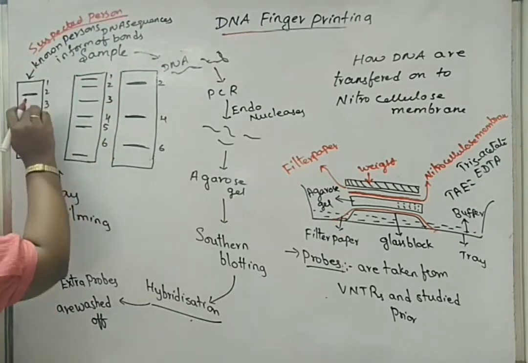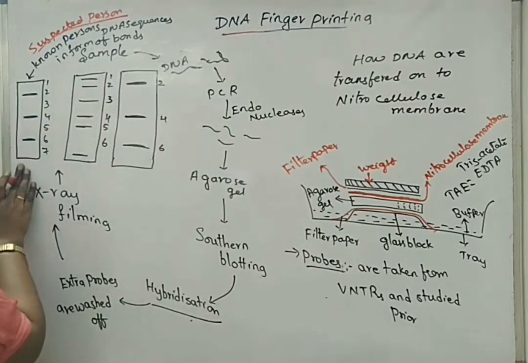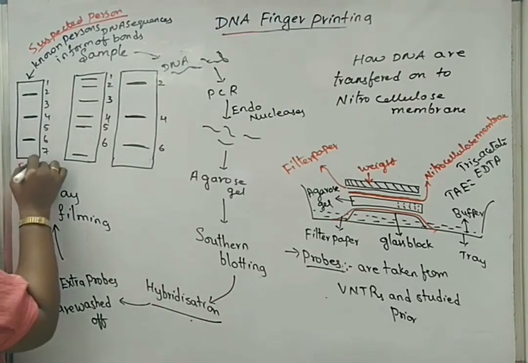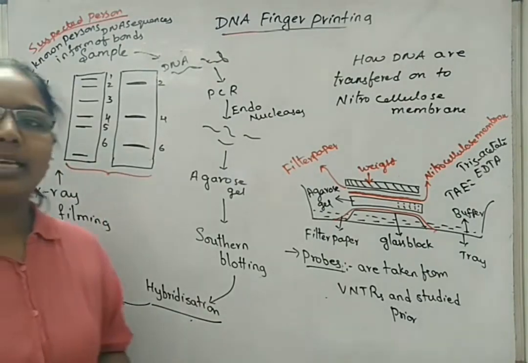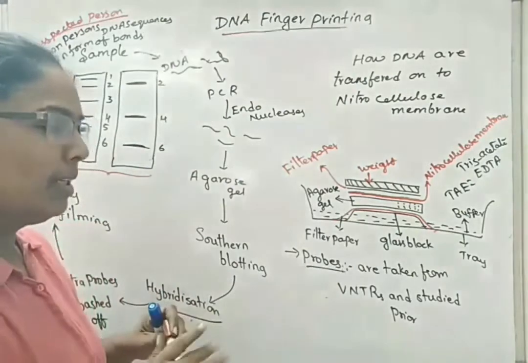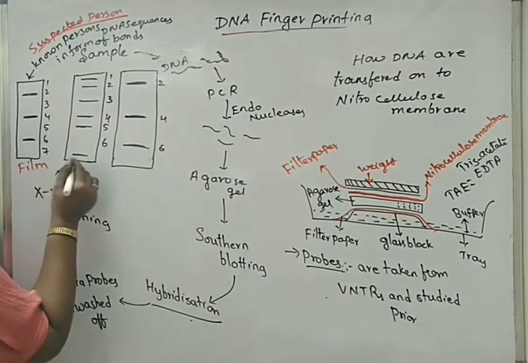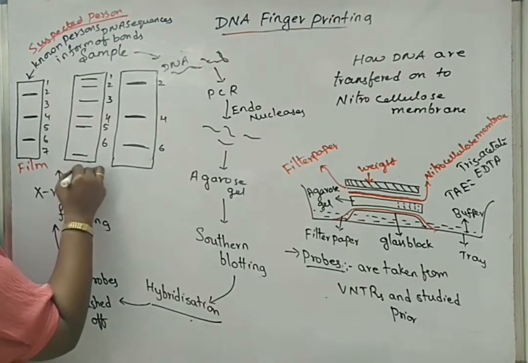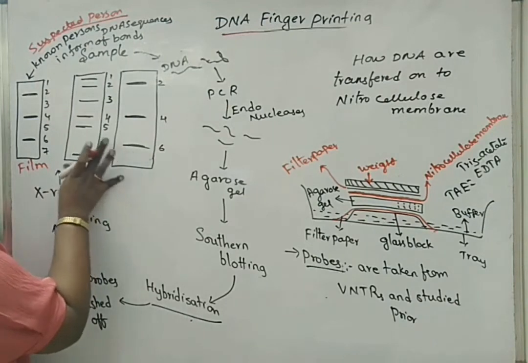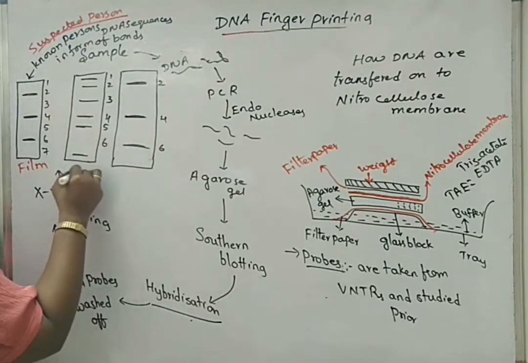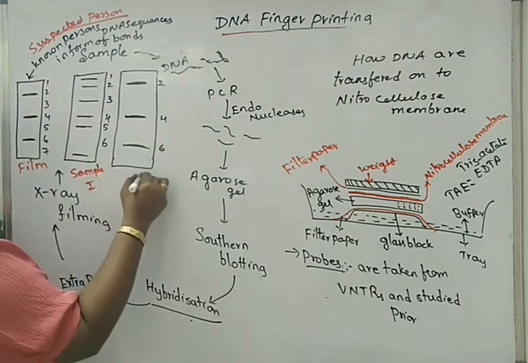His gene sequences are studied by all this process and framed into one sheet like this, an autoradiography film. Then we don't know whose blood sample is available at the crime area or where some abnormal conditions have happened. This is sample 1, and this is sample 2.